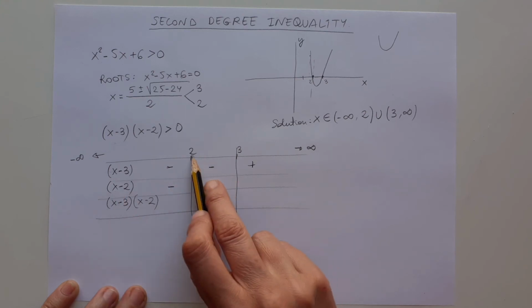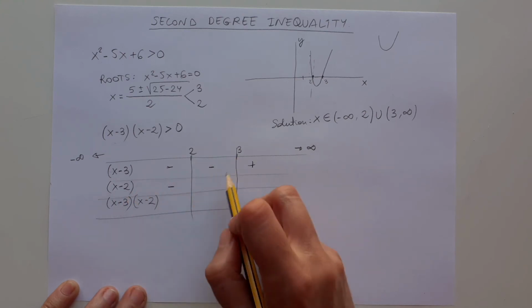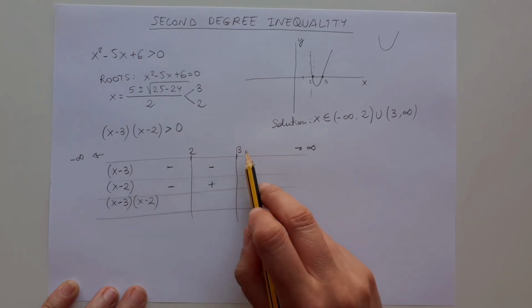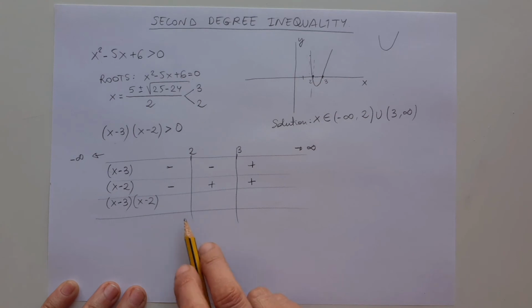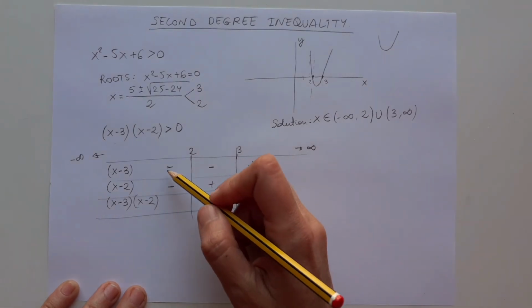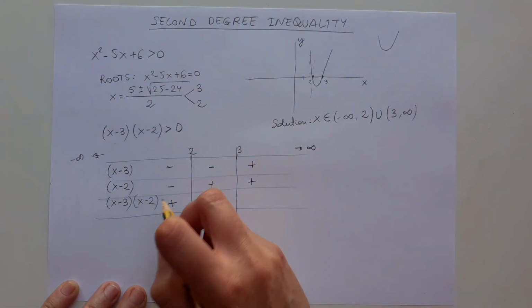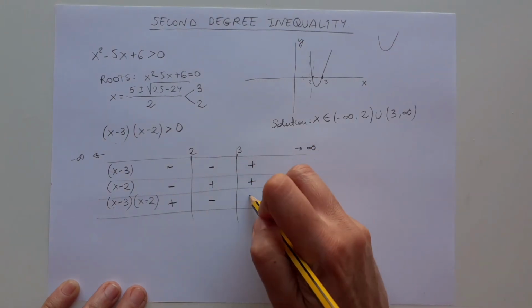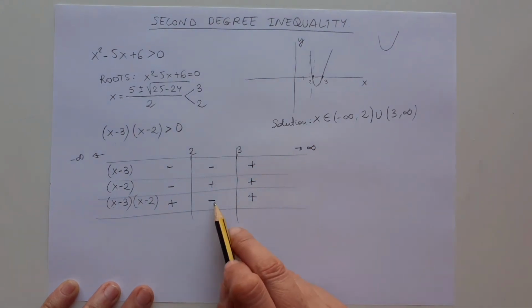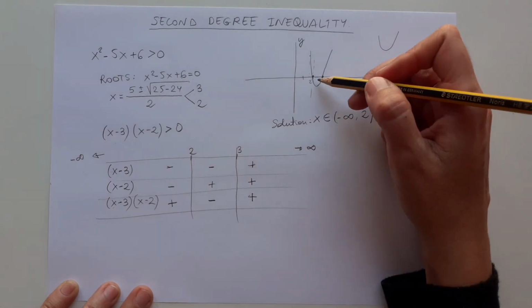If my values are between 2 and 3, this is positive. And for values that are greater than 3, this is positive as well. Then the product will be negative times a negative, a positive, negative times a positive, negative, and positive times a positive, positive.